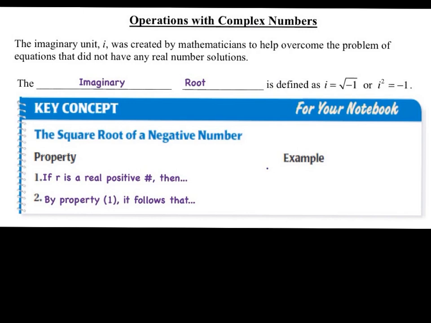So we call this imaginary unit the imaginary root, and it's defined as the imaginary unit equaling the square root of -1. So what you guys are going to need to remember is that anytime you see a negative value underneath a square root, it's going to need to be brought out and become the letter i.